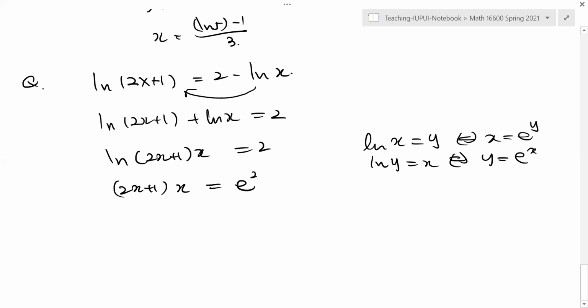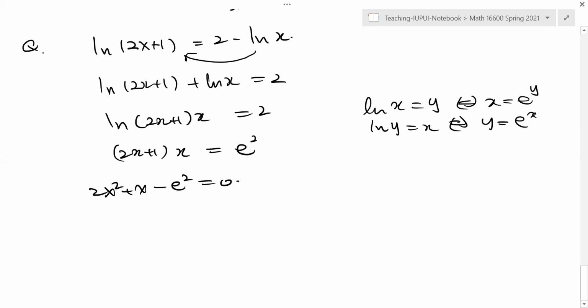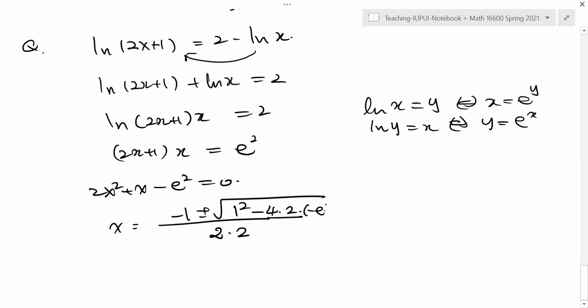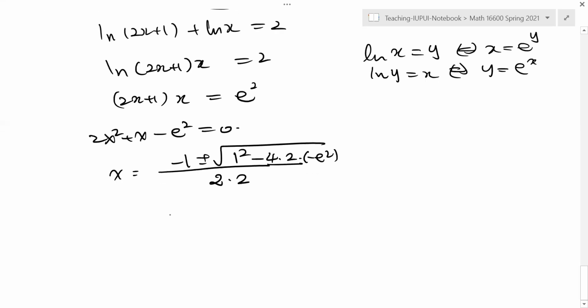Then you get a quadratic equation, and of course you have to use the quadratic formula to solve the problem. So x equals, over 3 times 2 here, negative b plus minus the square root of b squared minus 4ac. And I get negative 1 plus minus the square root of 1 plus 8e squared, over 4.